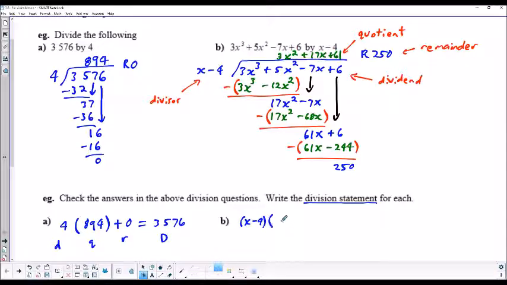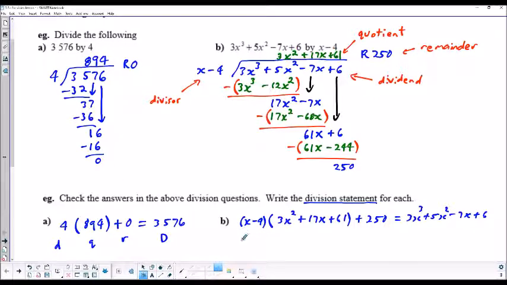We multiply that by the quotient, which is 3x squared plus 17x plus 61. And we add the 250 for the remainder. And that's going to give us the dividend, which is 3x cubed plus 5x squared minus 7x plus 6.